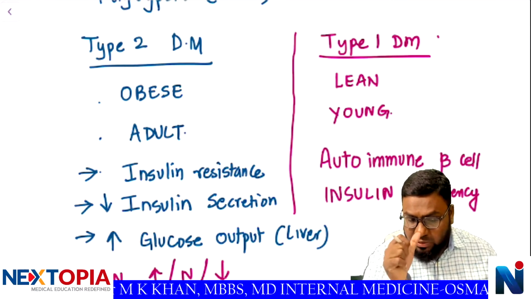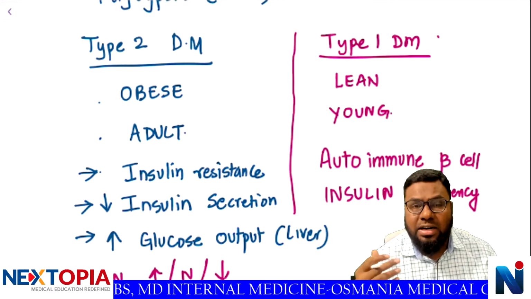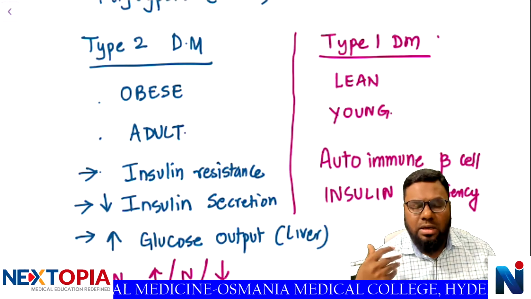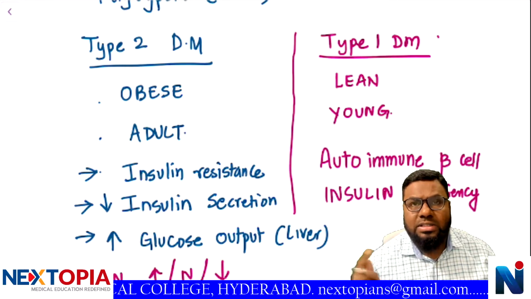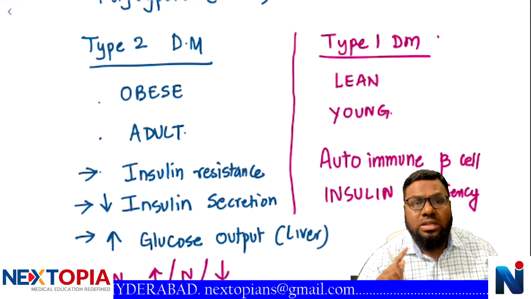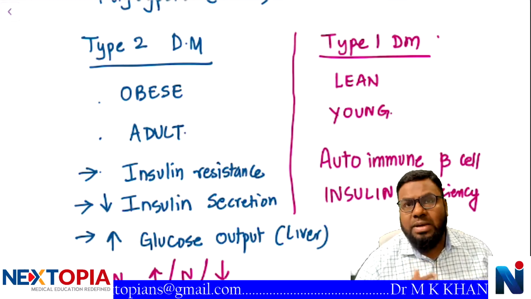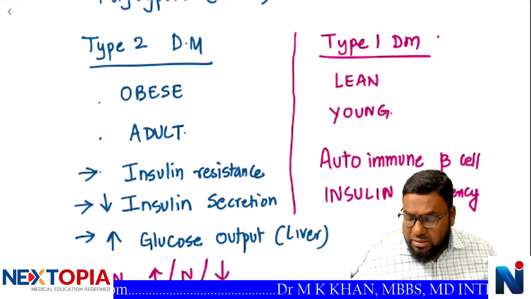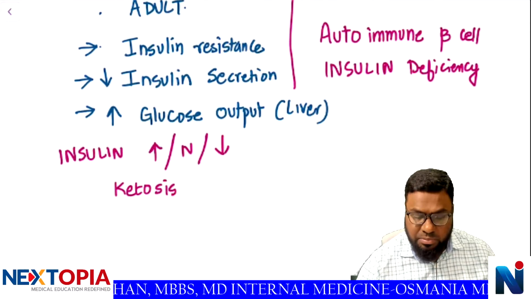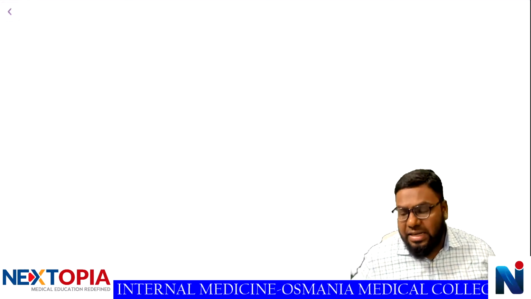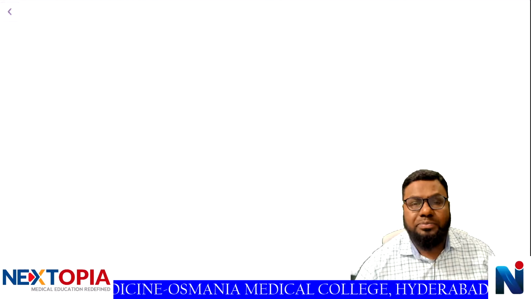Thus, what will happen? Glucose, unable to enter into the liver, skeletal muscle, or adipose tissue, will start circulating in the blood. Once the glucose starts circulating in the blood, plasma levels of glucose are high, is it not? That will cause adverse effects on the blood, on the nerves, on the various other parts of our body, resulting in various complications of diabetes.